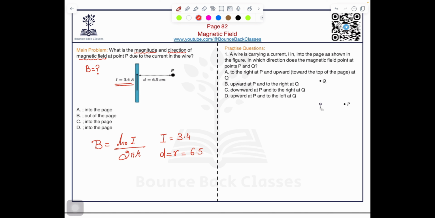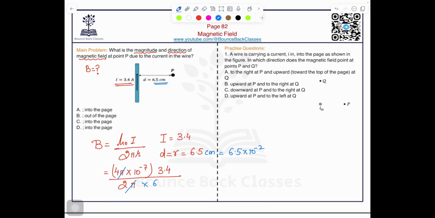We know the value of mu naught, 4 pi multiplied by 10 raised to the power negative 7. The value of I is 3.4, divided by 2 pi. Pi and pi cancel, easy for you. After that, 6.5 centimeter, so convert this: 6.5 times 10 raised to the power negative 2.